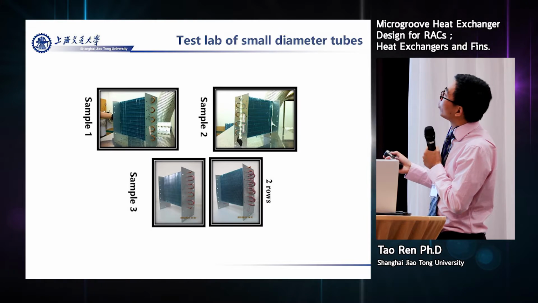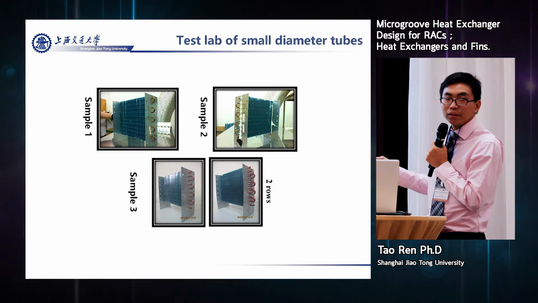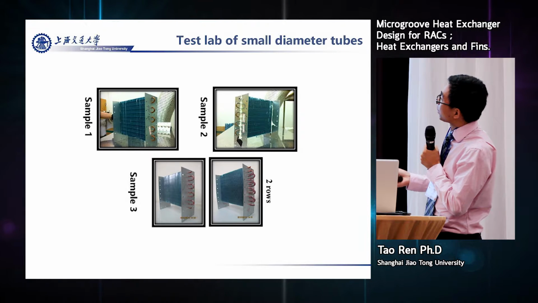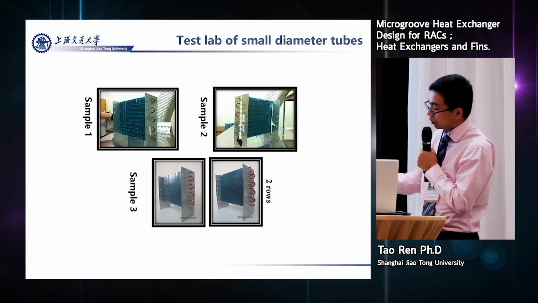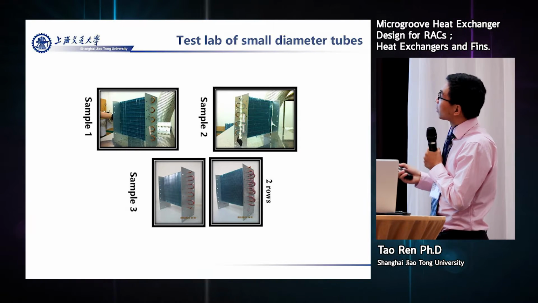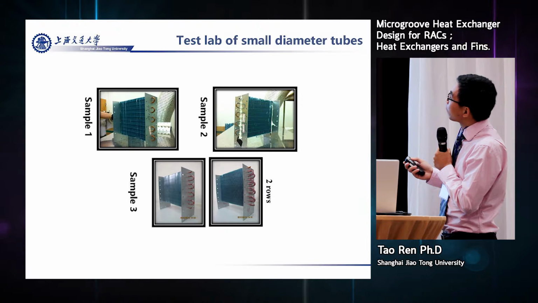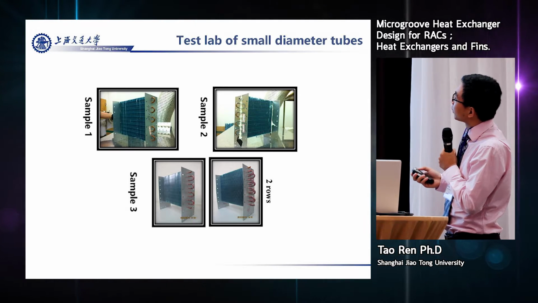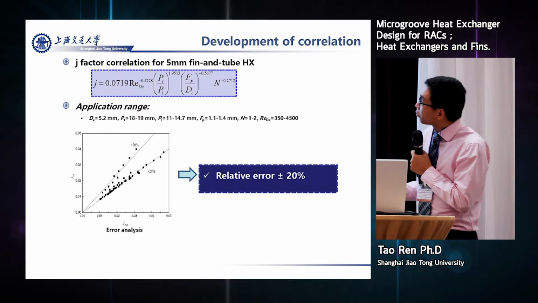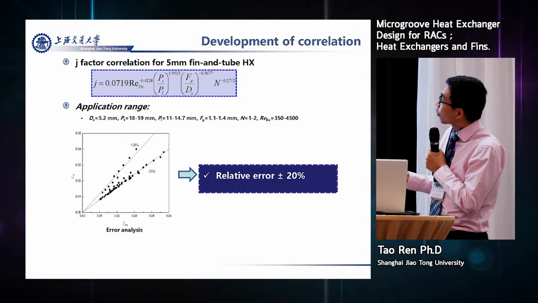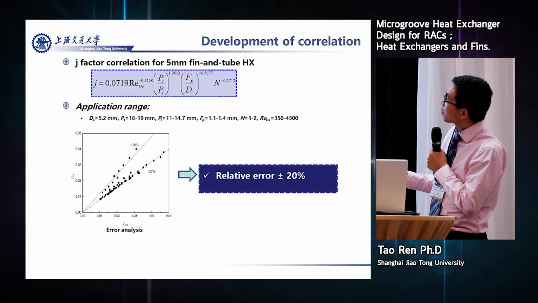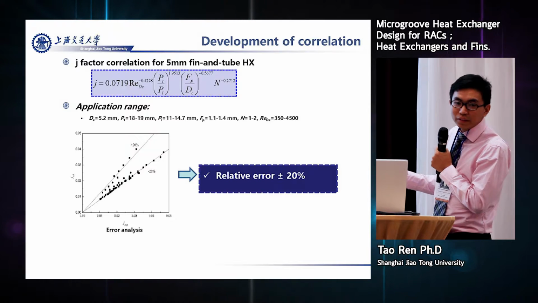And we made a lot of samples, different pitch, different tube PT and different PL, 1 row, 2 row, and we get some correlations to predict the 5 millimeter thin heat exchangers. Because we test a lot, this correlation covers the PT from 18 to 19, and the PLs from 11 to 14.7.